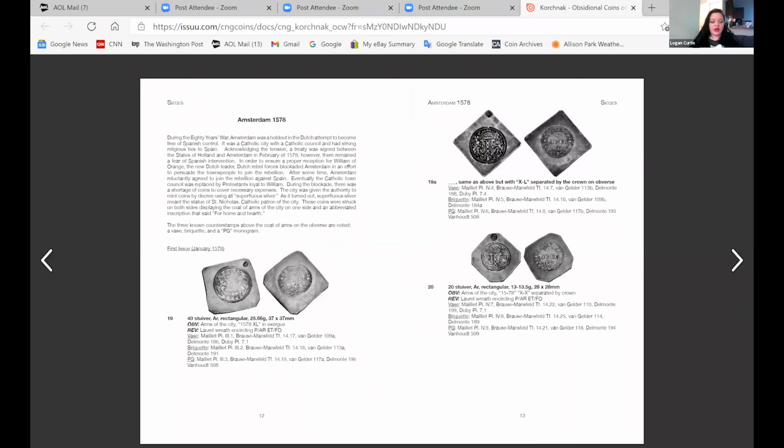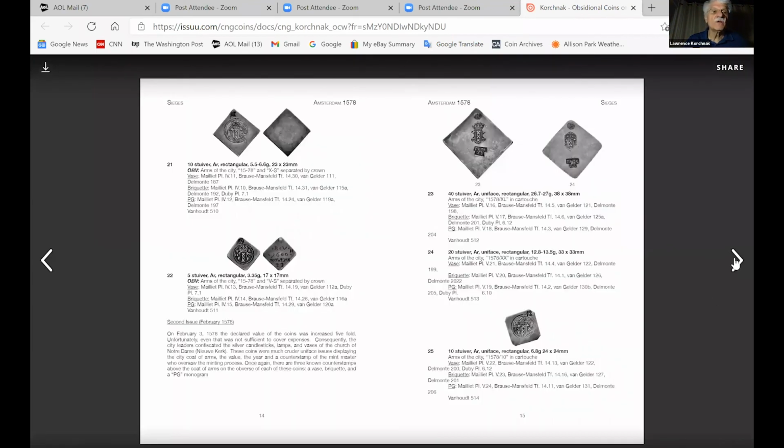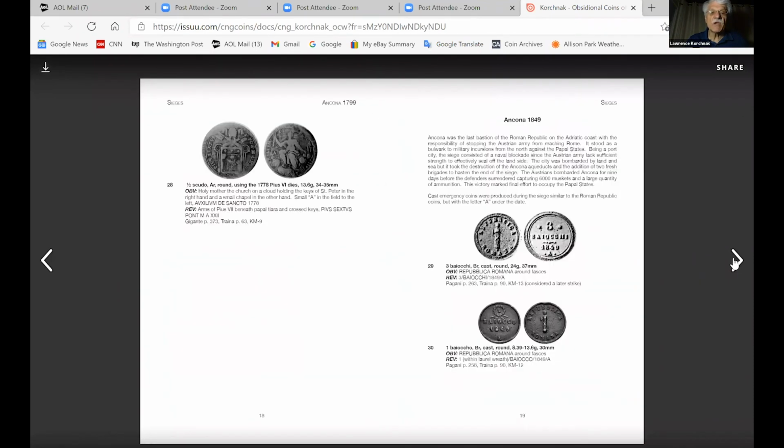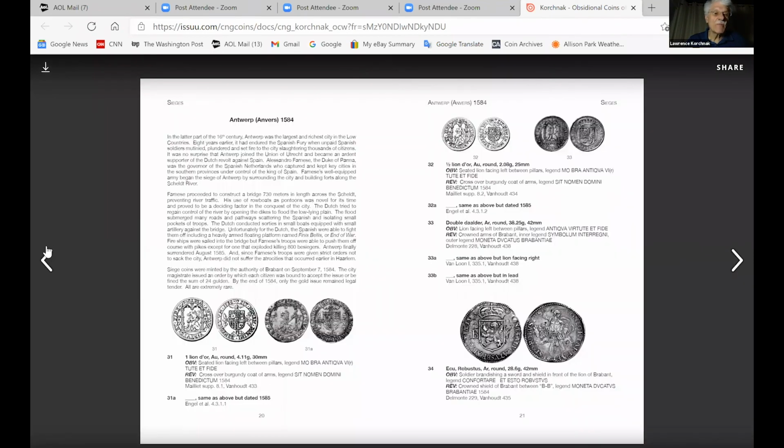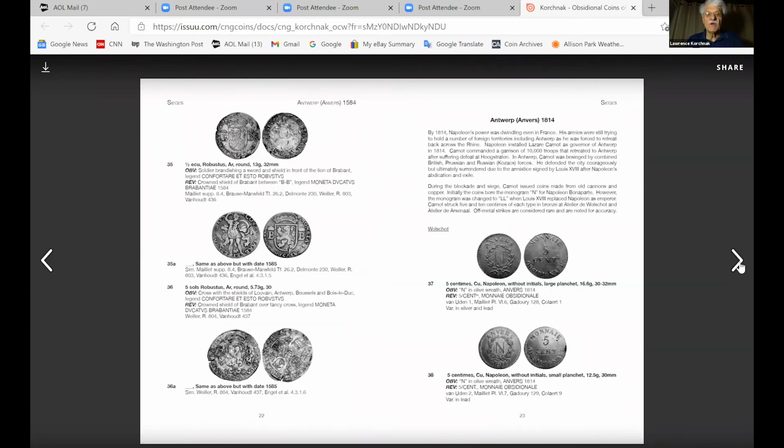a deliberate effort to distinguish siege coins from regular issues? I believe that it's practicality because, let me show you this to see. Siege coins, if they had time, they could make them in the shape. All right, so here we'll go back here. These are ones that were struck. These are siege coins. This is Antwerp. See, they had time to strike them.